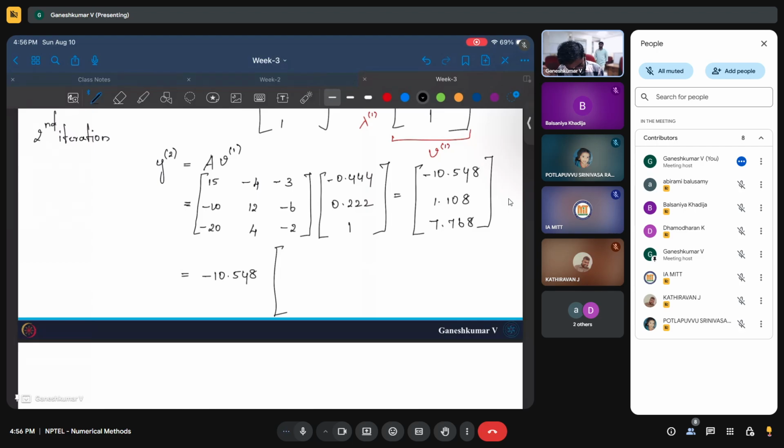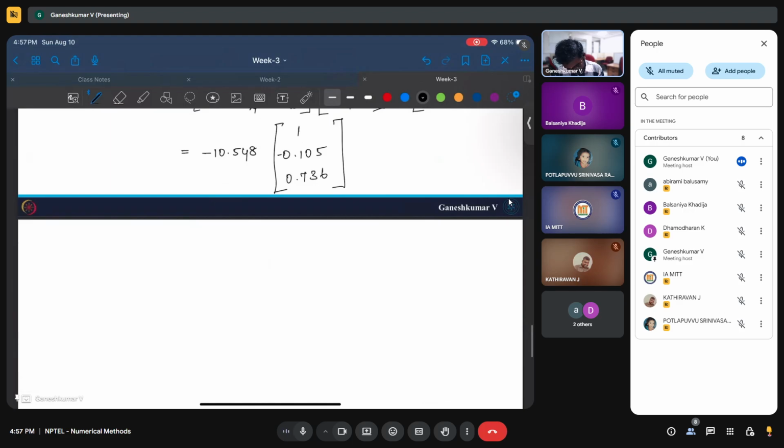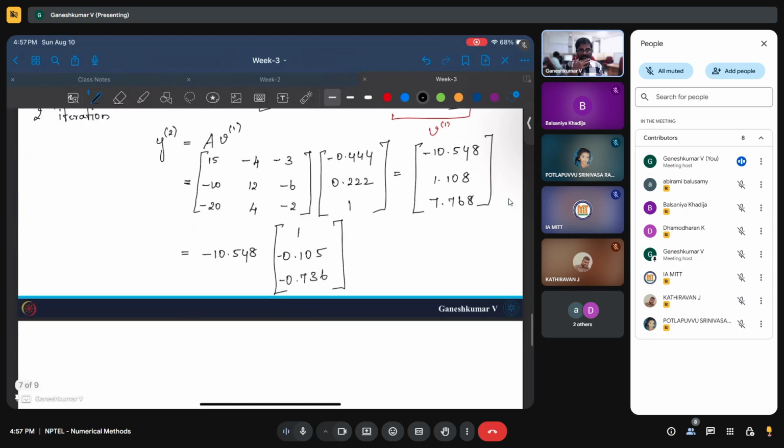So this is going to be 1.108 divided by 10.548 is 0.105, and 7.768 divided by 10.548 is 0.736. Okay, I think there should be a minus sign here and here because you are dividing it by minus 10.548.